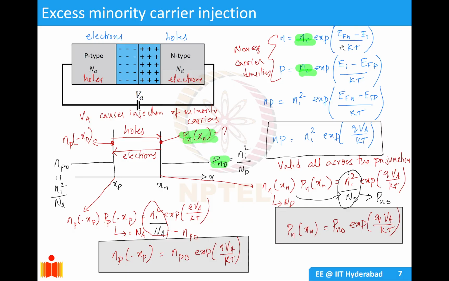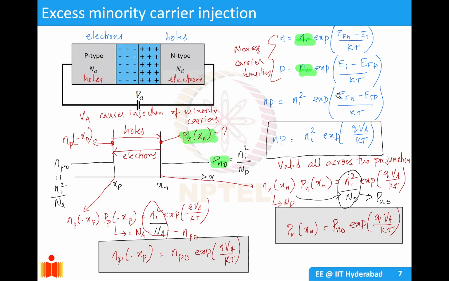The formula to calculate is the same as earlier, where n equals ni exponential (EFN minus Ei) by kT, and p equals ni exponential (Ei minus EFP) by kT. When you multiply these, you get np equals ni square exponential (EFN minus EFP) by kT.